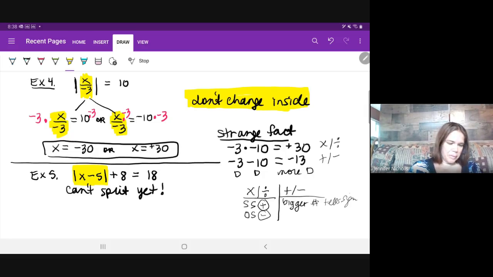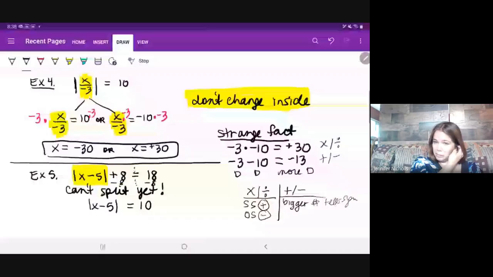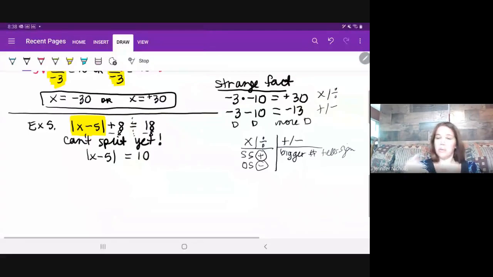So who's with me on this side that I need to get rid of before I split? Yes. So you're going to subtract 8 from both sides, and then it looks like the ones we did. So what do we do from there? We split.